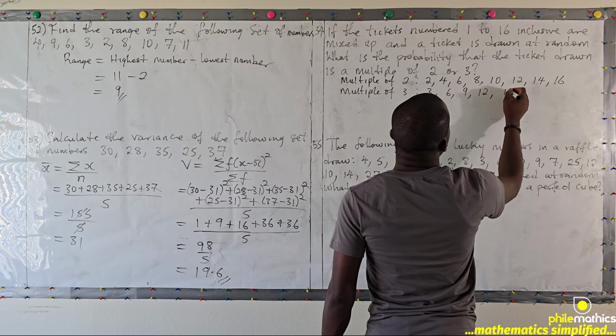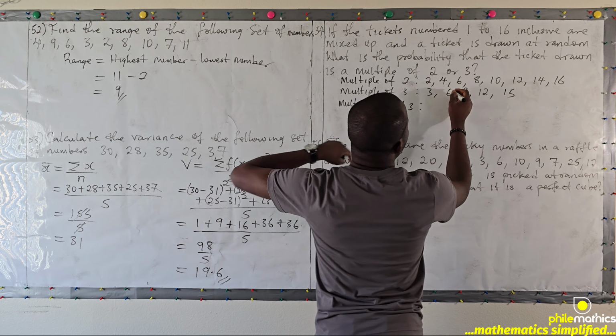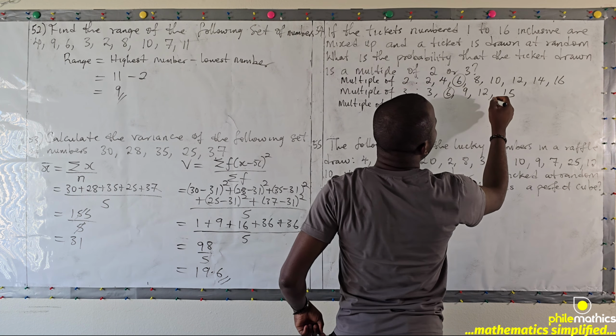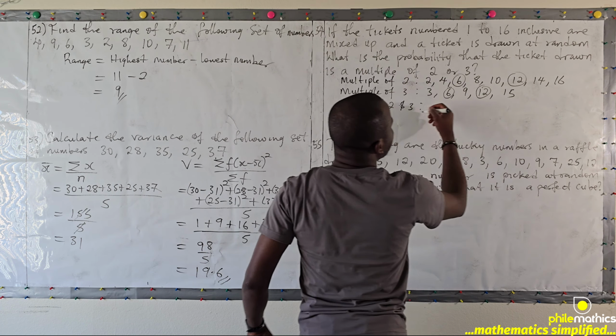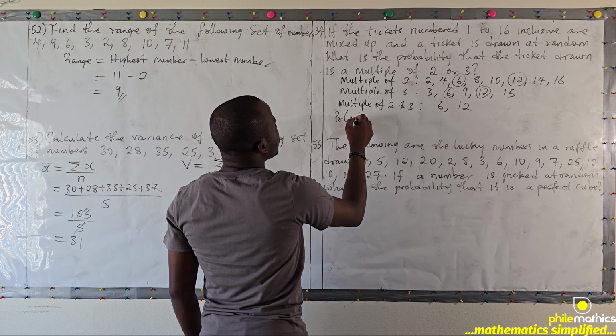So multiples of 2 and 3 together will be, what are the things that appear in both of them? We have 6, we have 12. There's no other one. So 6 and 12.